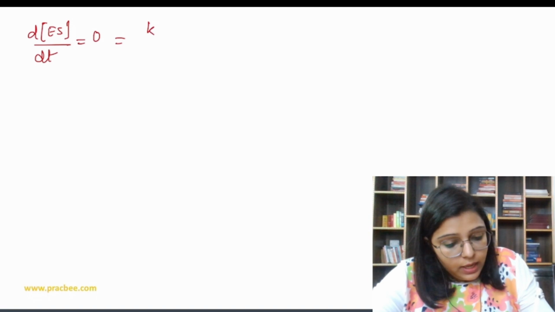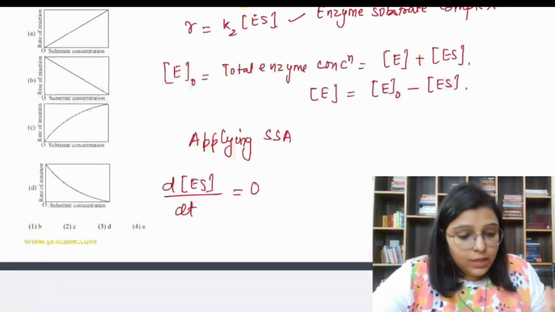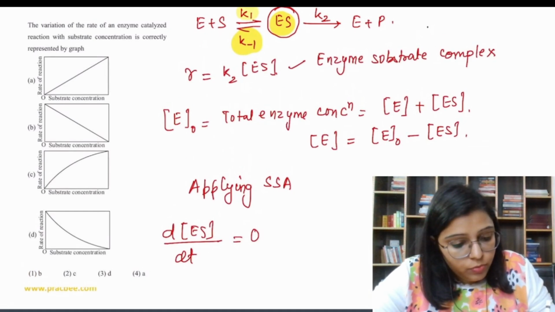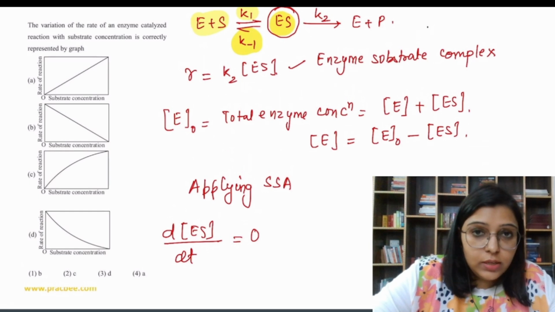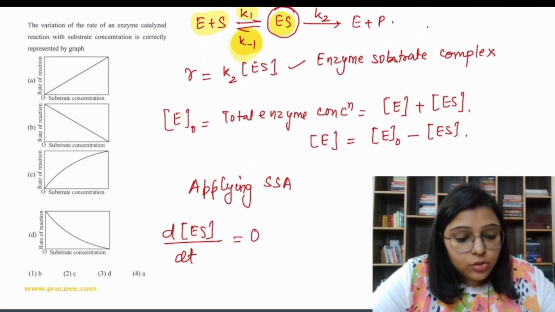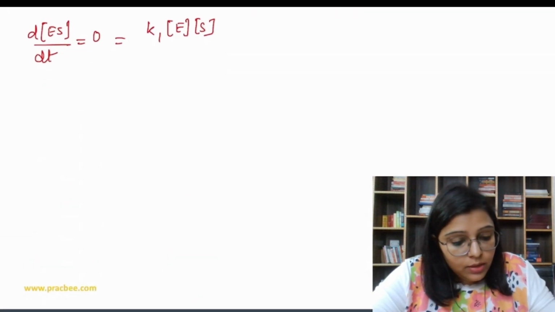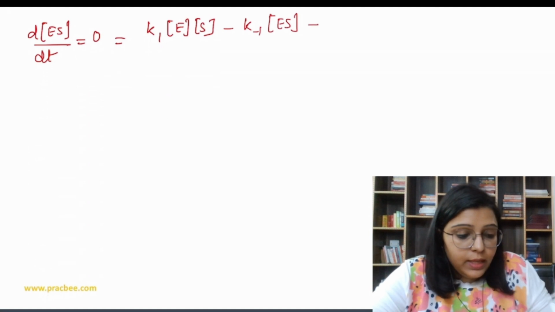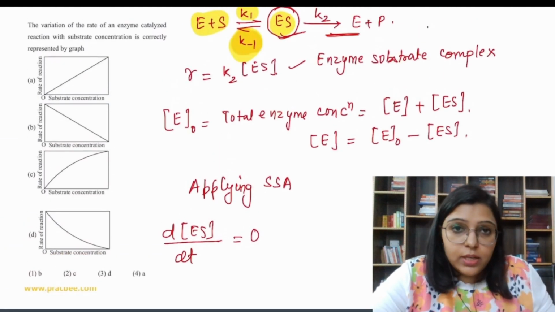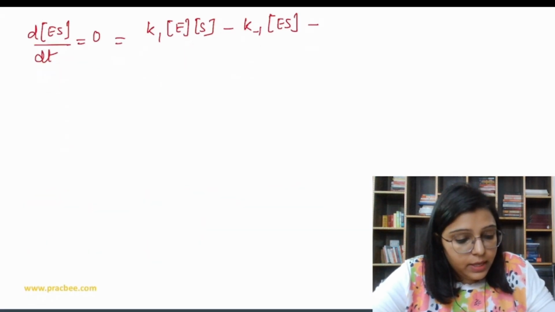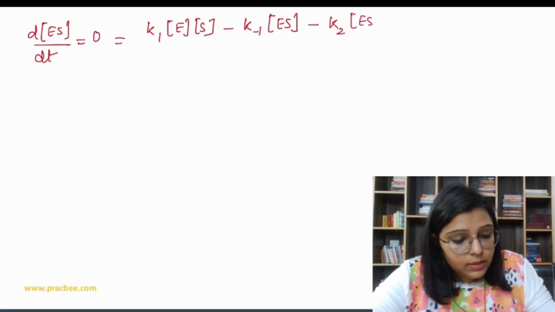So we can write K1 concentration of E and S. That is for the forward reaction, because in the forward reaction enzyme substrate concentration increases. Now for the backward reaction enzyme substrate complex concentration decreases, so we write minus K minus 1 ES. Then in this reaction enzyme substrate concentration decreases, so we can say minus K2 ES.